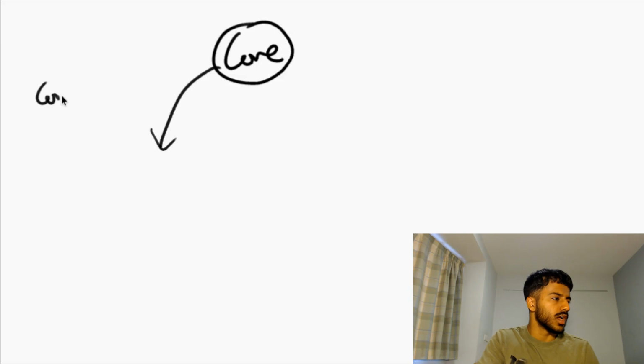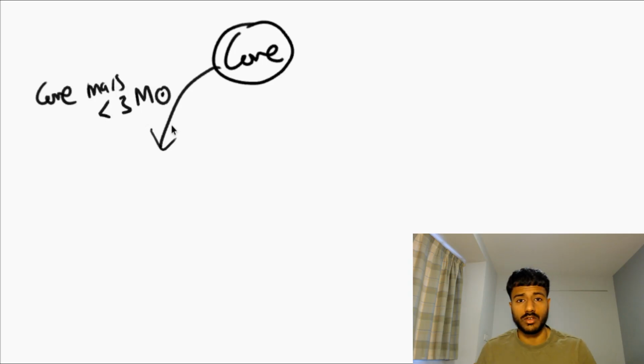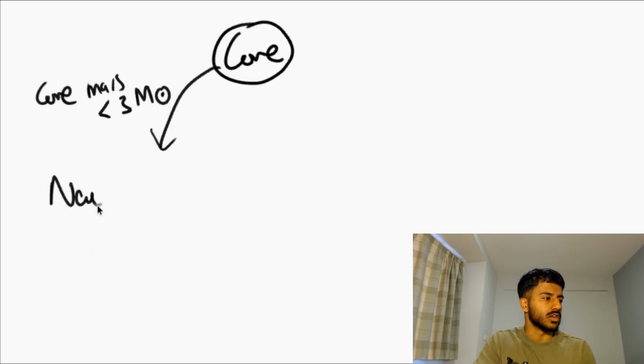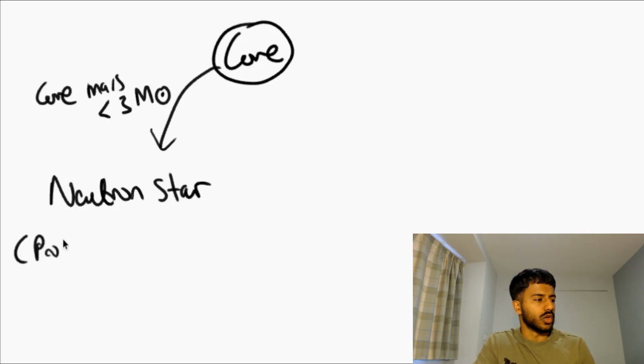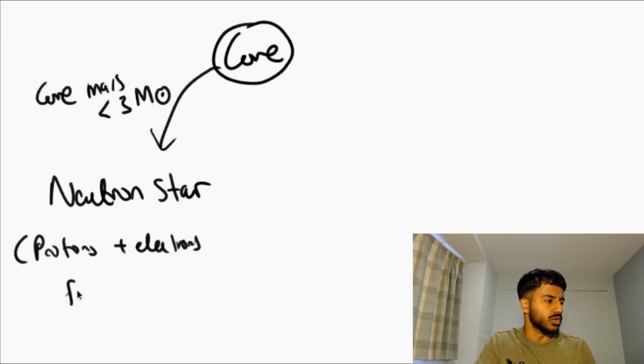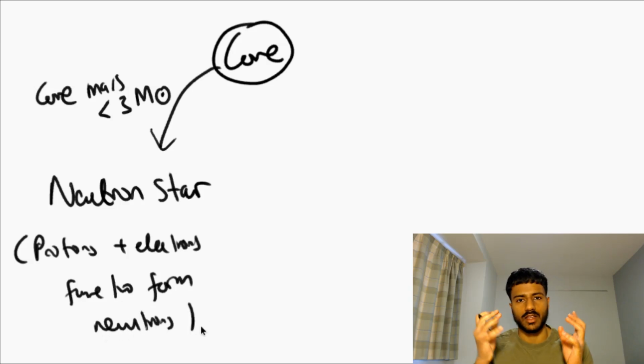If the core has a mass less than 3 times the mass of the sun, we form something called a neutron star. And this is where protons and electrons fuse to form neutrons, as suggested by the name.